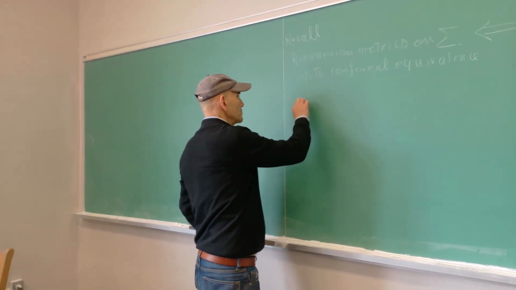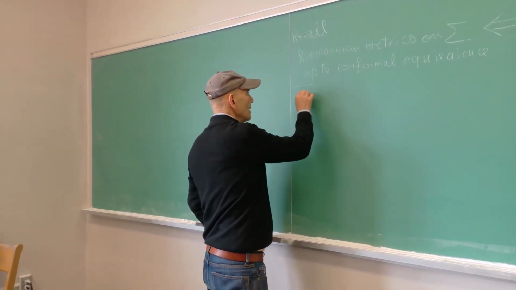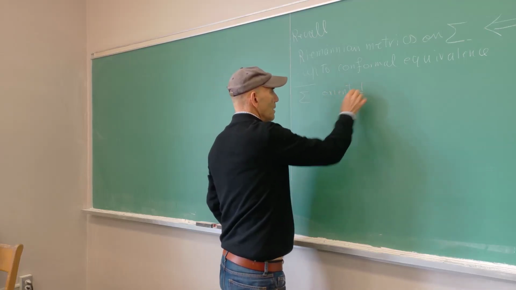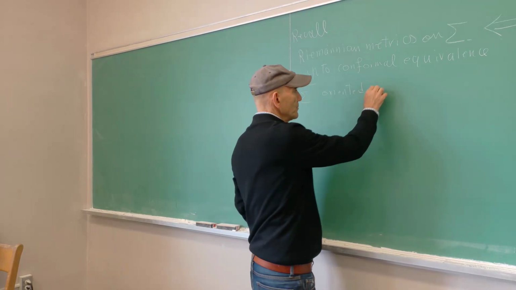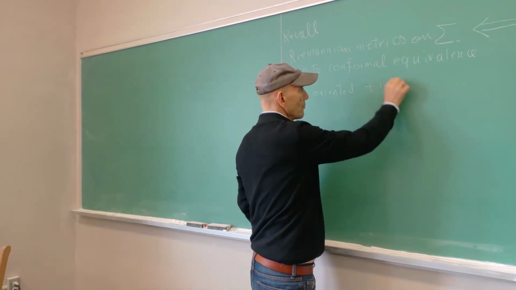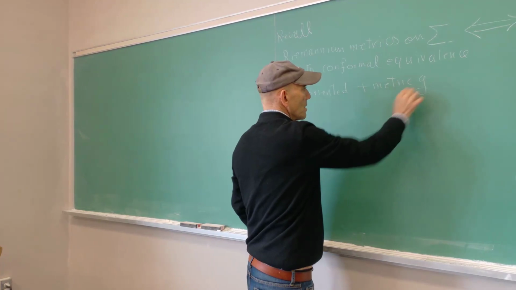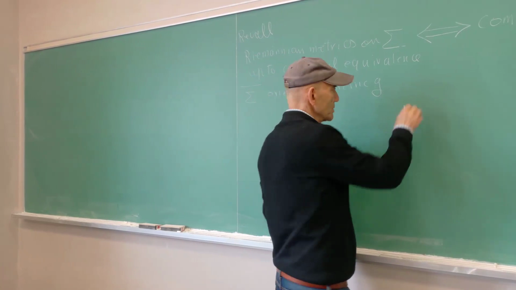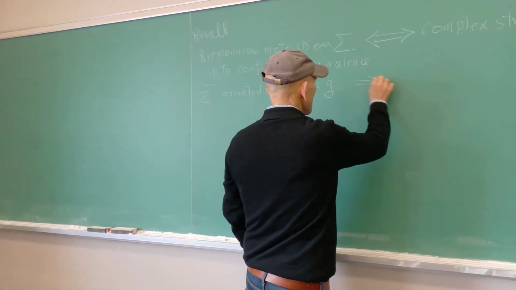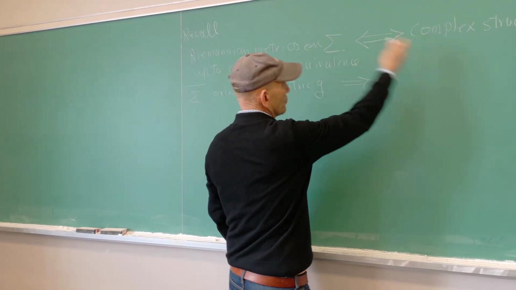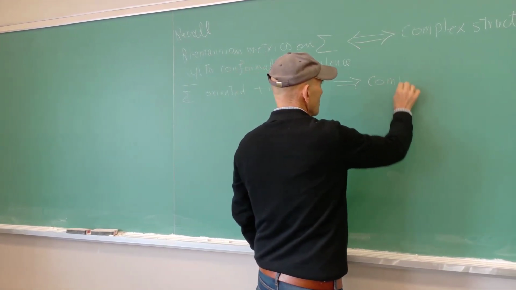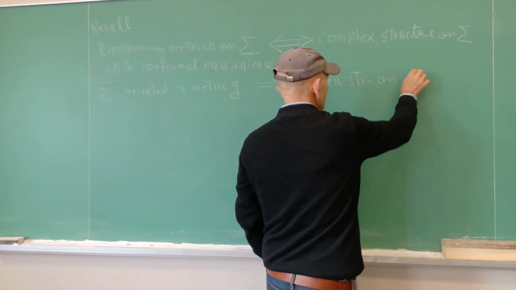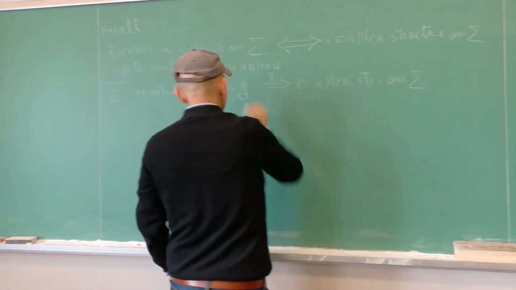So sigma is an oriented smooth surface with metric G. Let me show you how to define a complex structure on sigma. Let's see how we can do it.